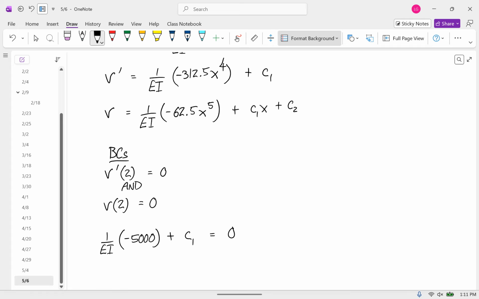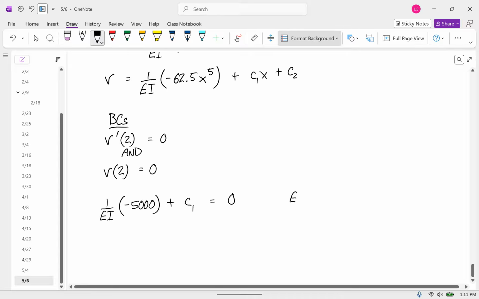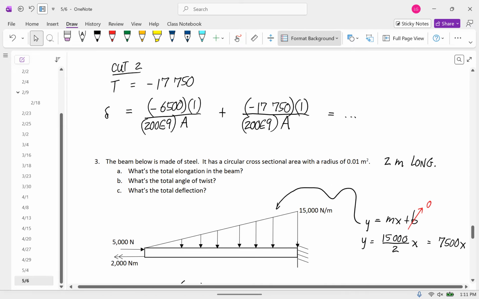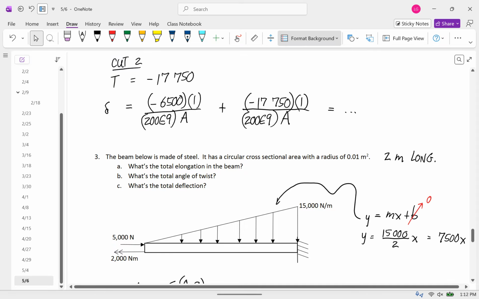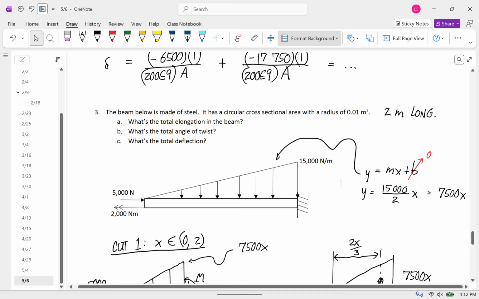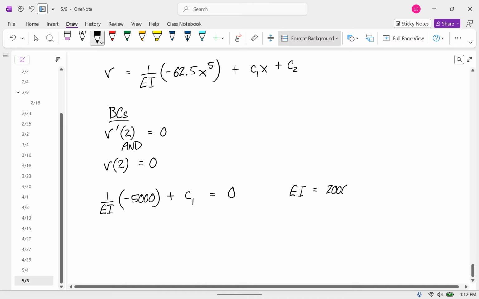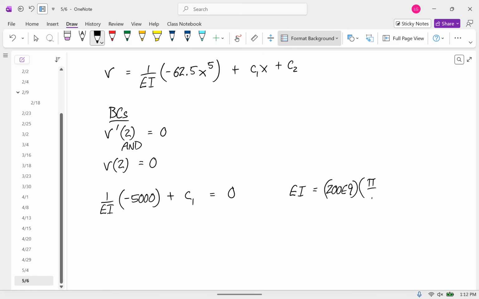We're going to have to calculate that E and I eventually. Might as well do it here. So EI is equal to, was this steel? Yeah, steel, and I is equal to pi over 4 times the radius to the 4th. So we got 200 times 10 to the 9 times pi over 4 times 0.01 to the 4th.